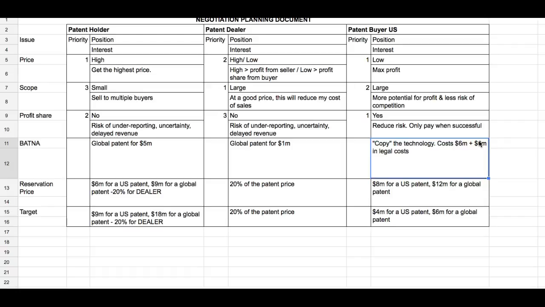So a logical outcome would be somewhere between, I would say, 8 and 12 million. Sorry, not 8 and 12. Yeah, 8 and 10 million.